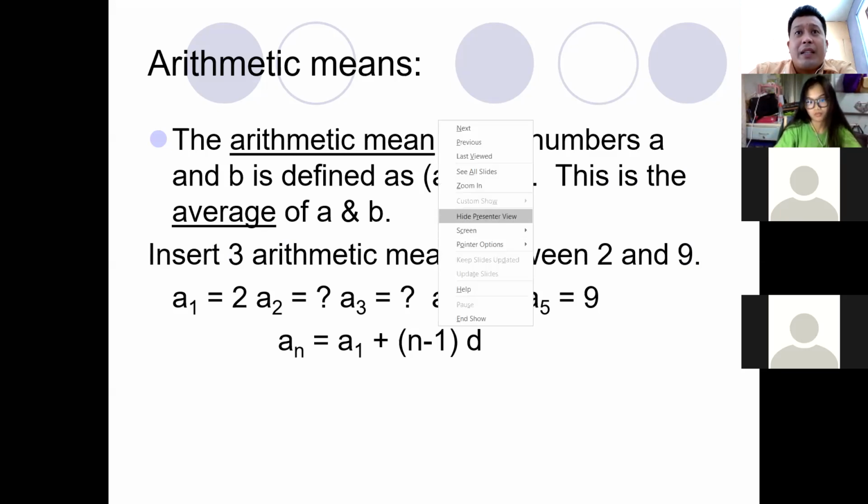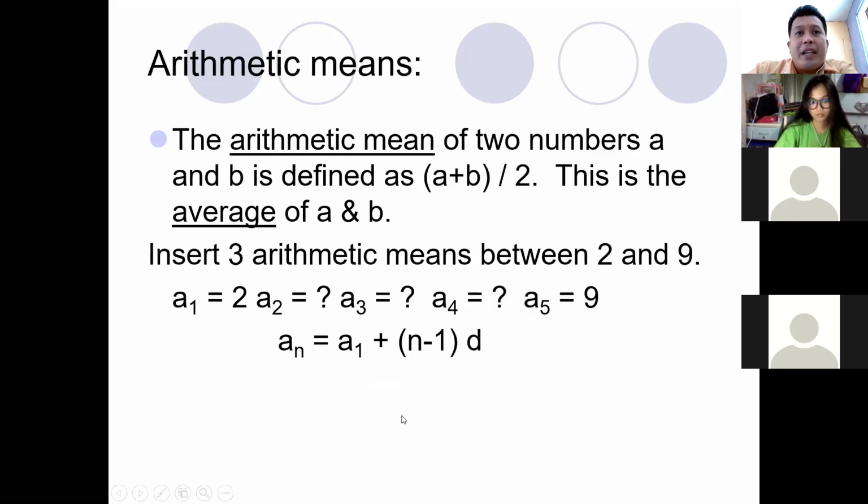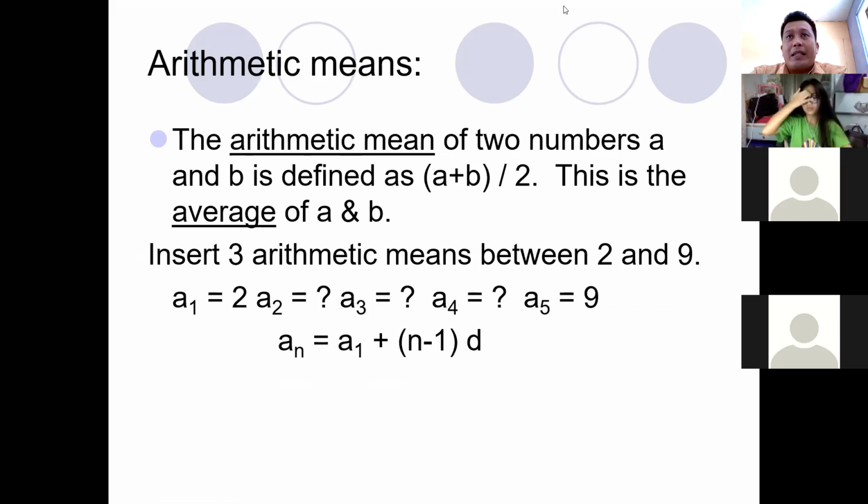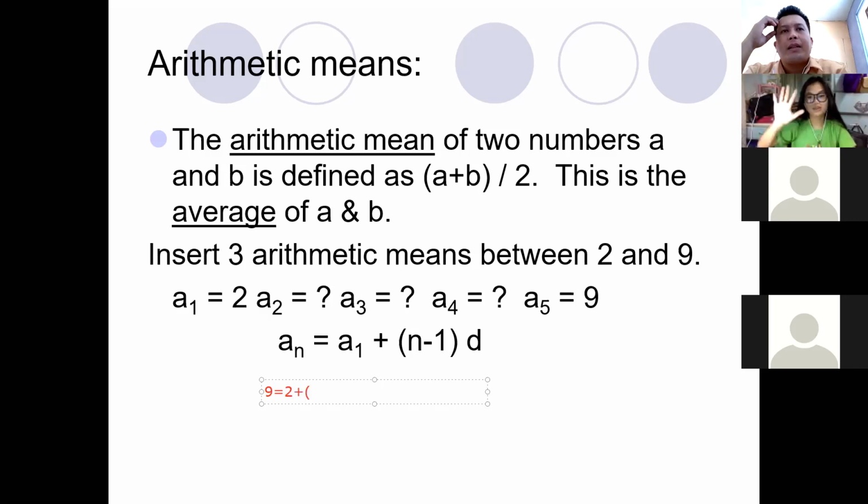How about we solve this one? Since we have the first term and the last term, we can substitute them in the formula. 9 is equal to 2 plus, how many terms are there in the sequence? 5. So we have 5 minus 1 times the common difference, which is unknown.